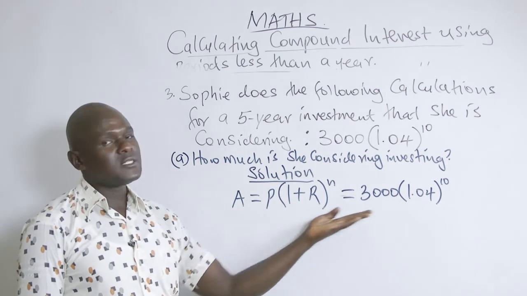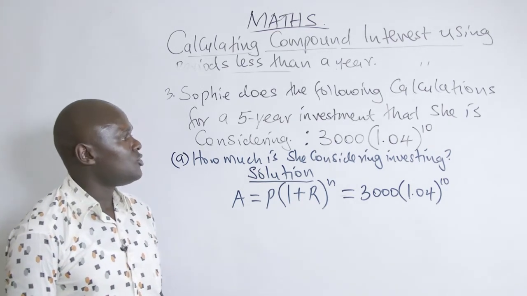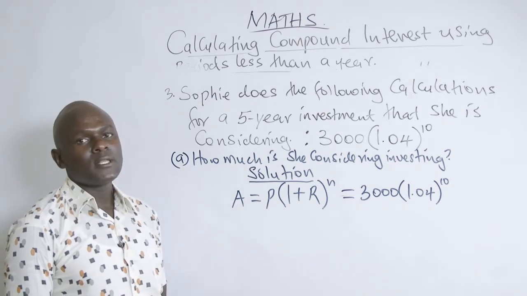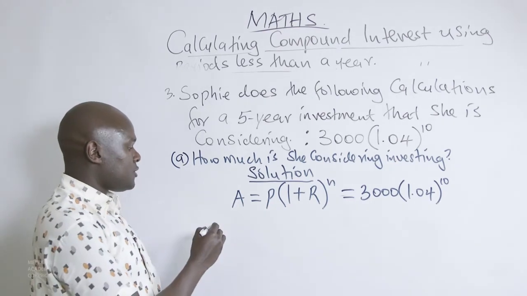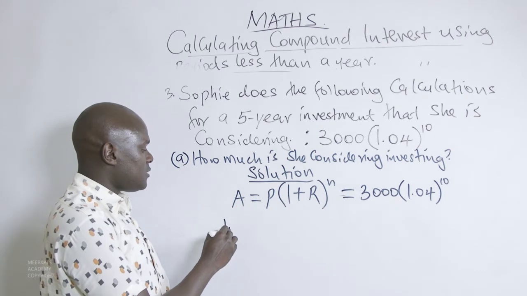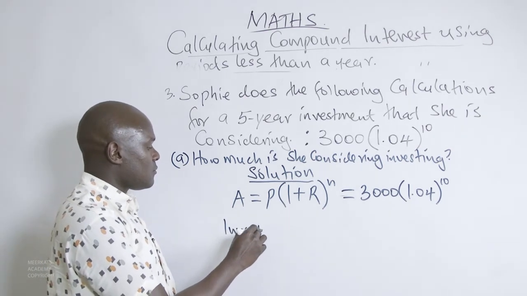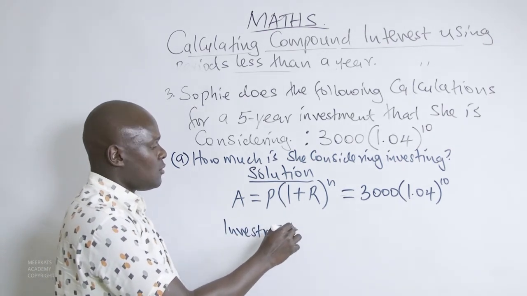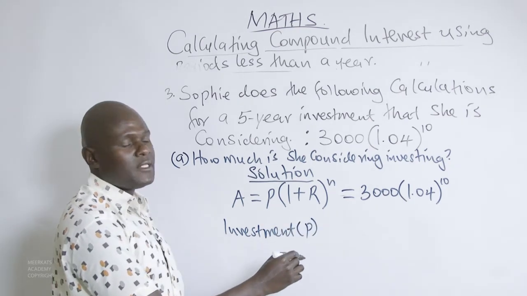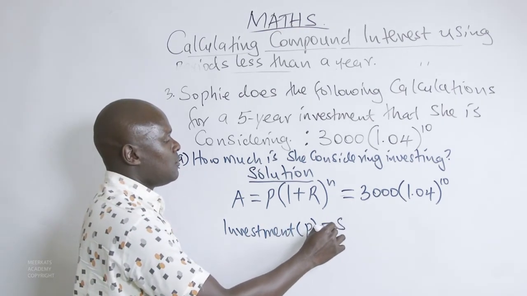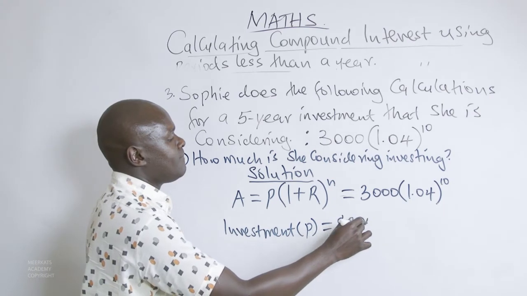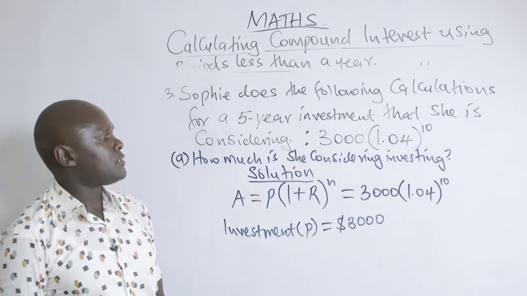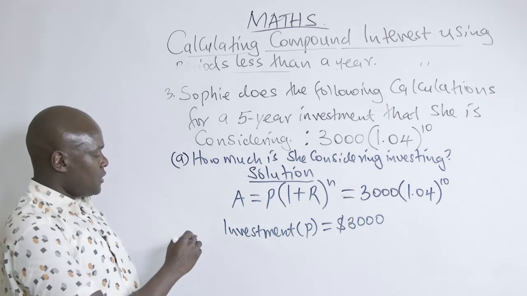So with that knowledge, how much is she considering investing? Her investment, or the principal, is $3,000. On to the next question.